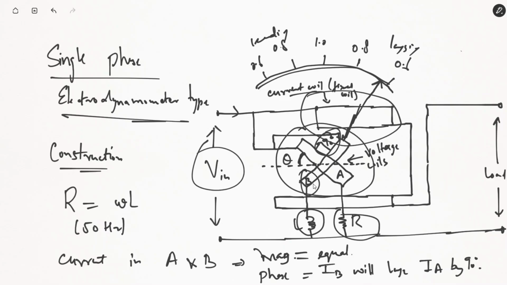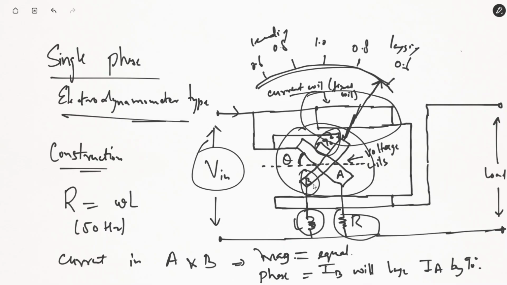Coil B is also carrying current, but the difference is that coil B is carrying a current that is lagging behind the current in coil A by 90 degrees, and it is mechanically located to coil A at 90 degrees. So the torque that will be induced, the interaction between the fixed coil, that is the current coil, and coil B, will be equal, but it will be anti-clockwise in nature.